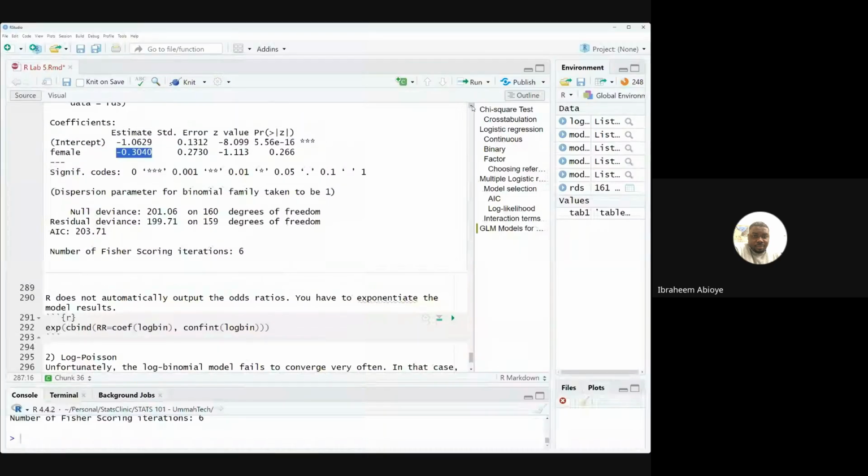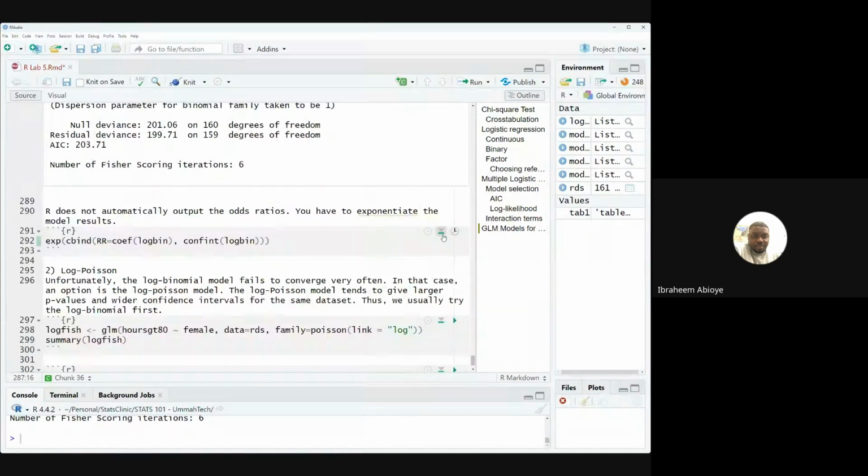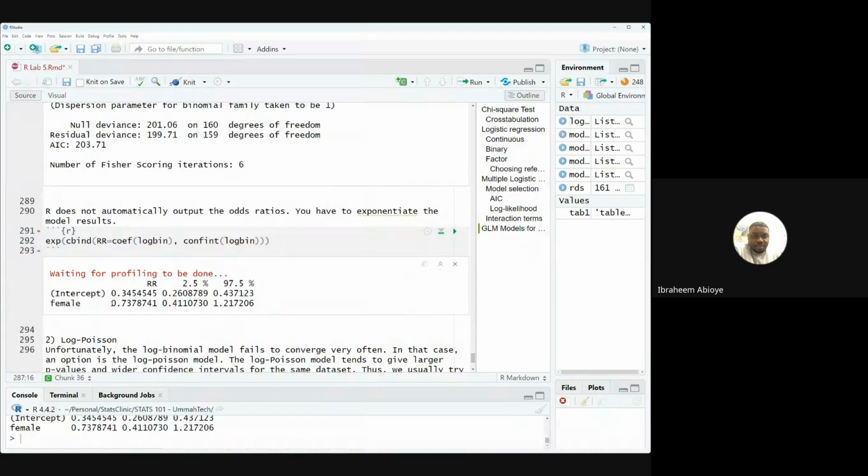Everything else is the same. You interpret the significance the same, the p-value is the same, but this is not the logarithm of the odds. So if we exponentiate, the risk ratio that we get is 0.74, and this is the confidence interval.